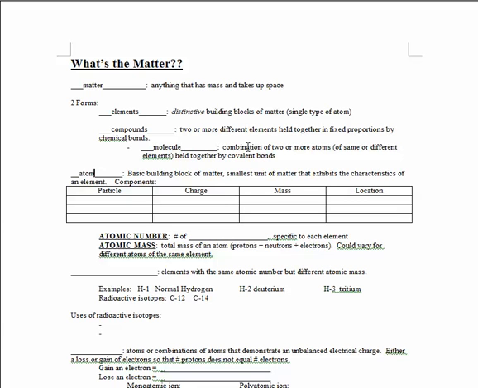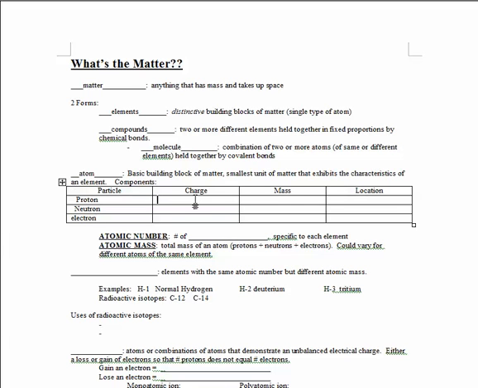So you can't break an atom down any further and still have the properties of that element. But as I mentioned, atoms are made up of smaller particles, and those particles involve the proton, the neutron, and the electron.